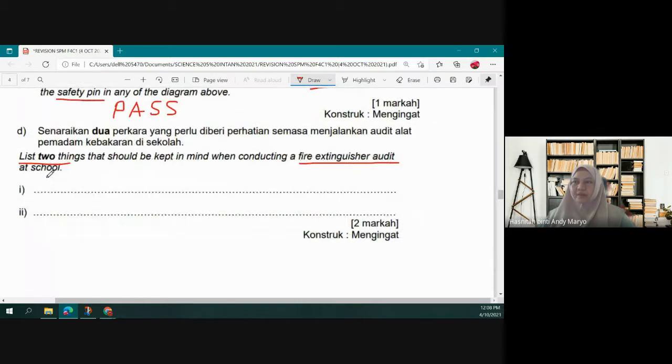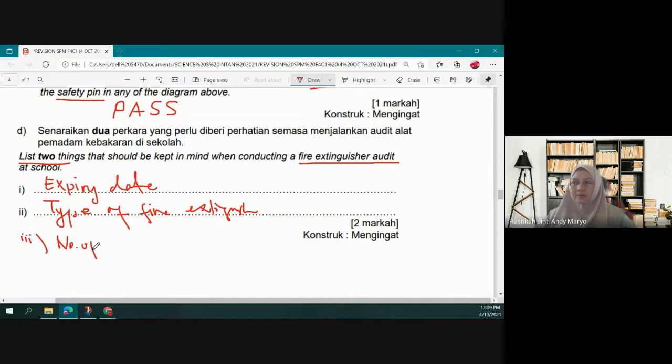So first you can write expiry date. And then type of fire extinguisher. And then number. You can add on here number, so you have more choices.